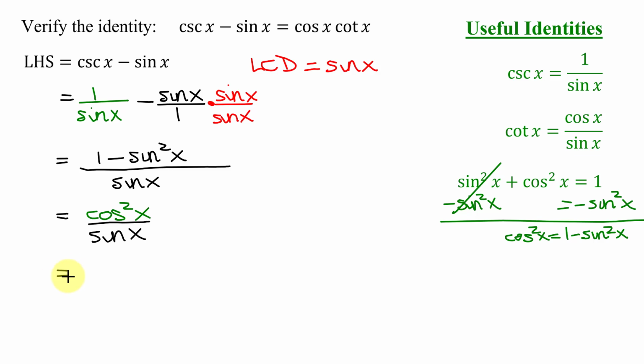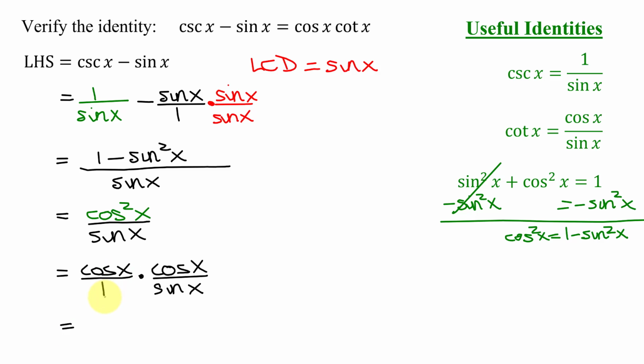So what I'm going to do is break this cosine squared x down into cosine x over 1 times cosine x over sine x, because cosine x times cosine x is cosine squared x, and 1 times sine x is just sine x.